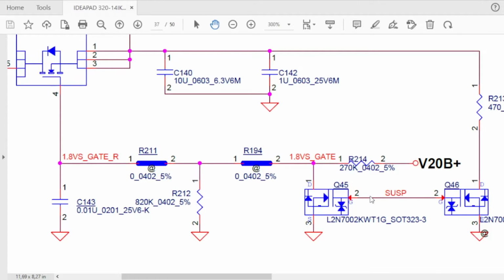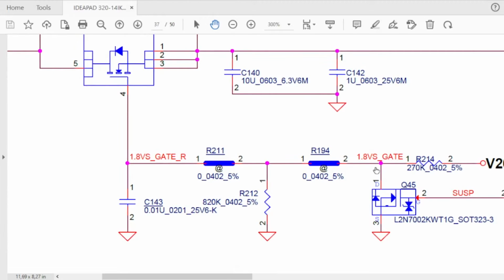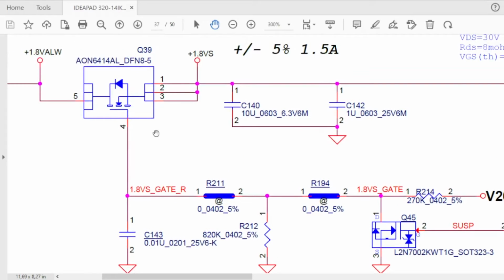But after the motherboard is turned on, the voltage here is 0 volt, but the voltage here is about 1 volt and not stable. So 1 volt from this point cannot activate this MOSFET, because pin number 5 of this MOSFET is plus 1.8 volt.